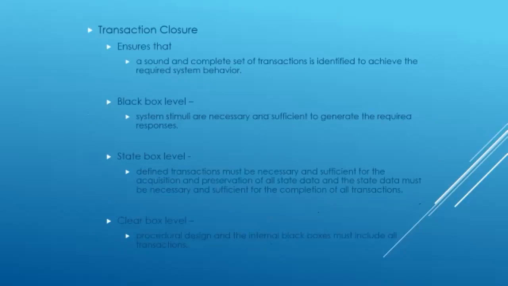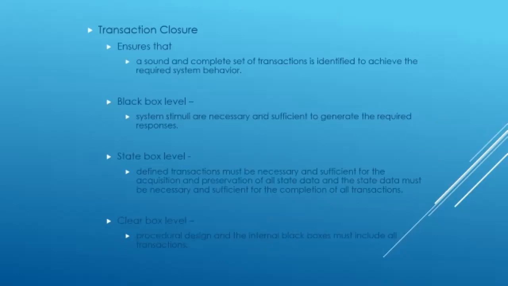Transaction closure ensures that a sound and complete set of transactions is identified to achieve the required system behavior. Black box level: system stimuli are necessary and sufficient to generate the required responses.